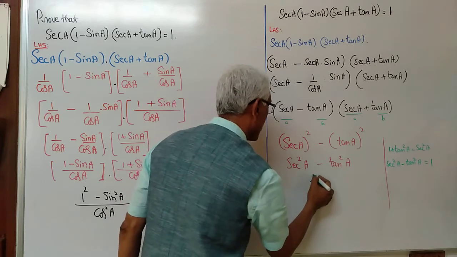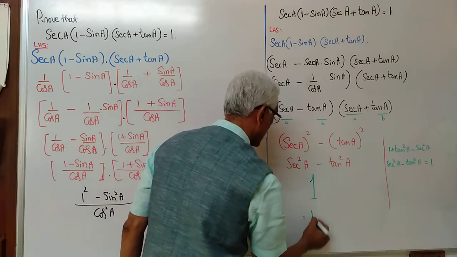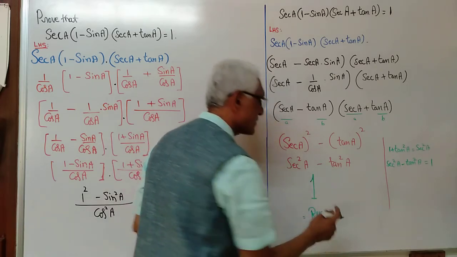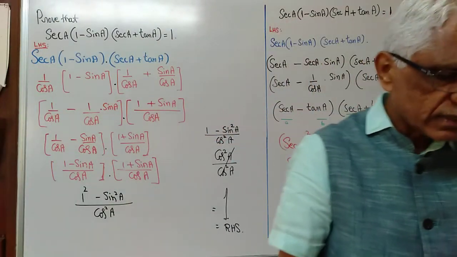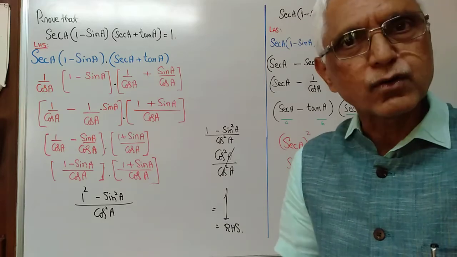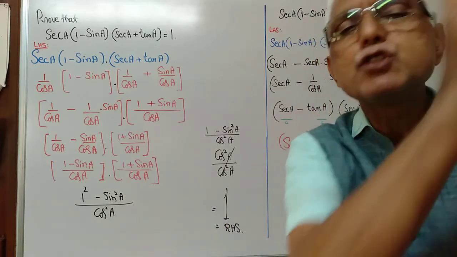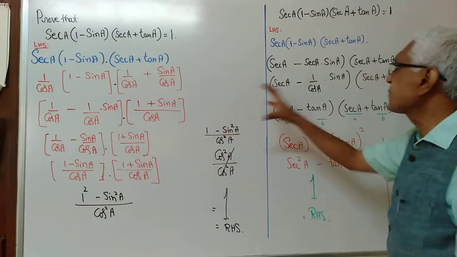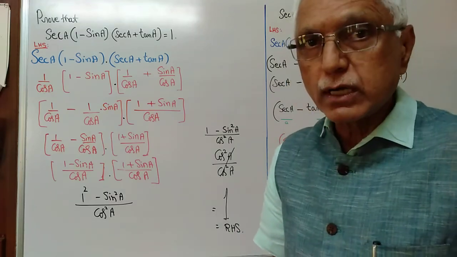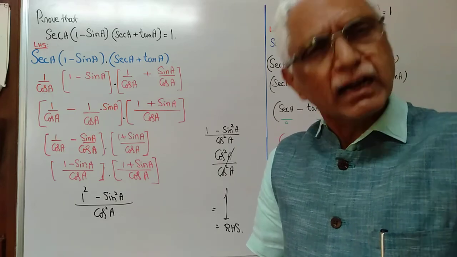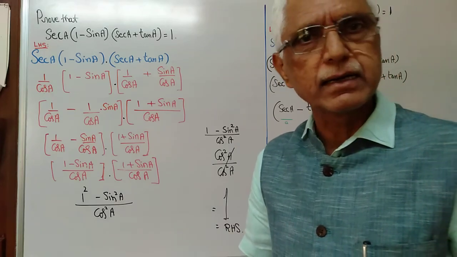So what is secant square A minus tan square A? It is equal to 1. See the beauty? You have not done anything great, I know, but you enjoyed trying out the same problem in a slightly different way. Now what is your duty? See whether it could be thought of in any other manner and explore it.